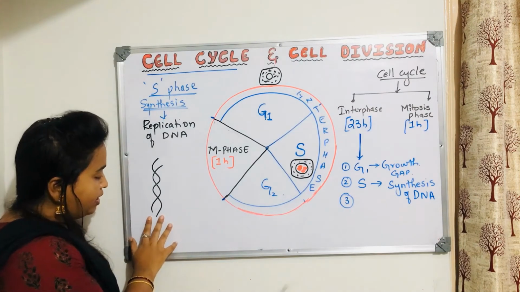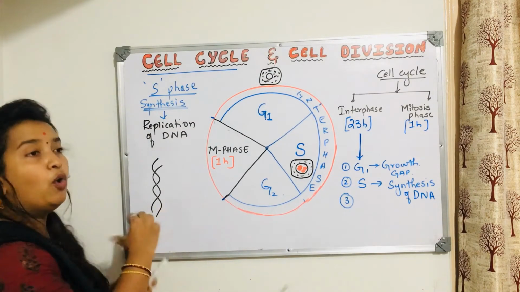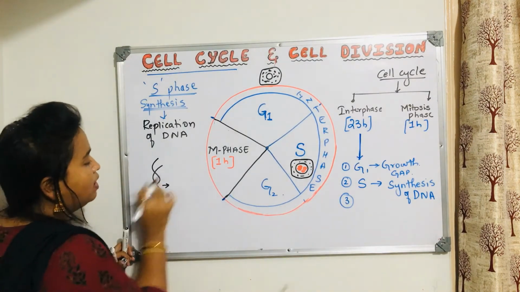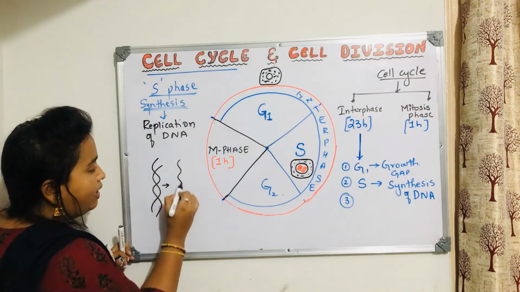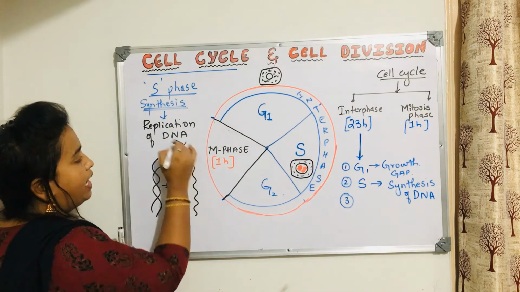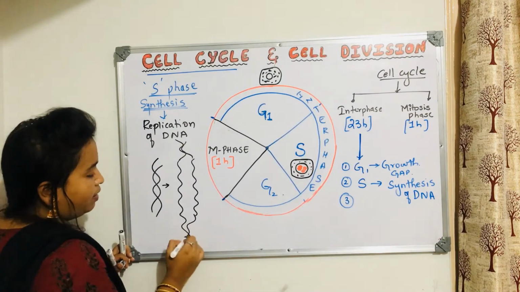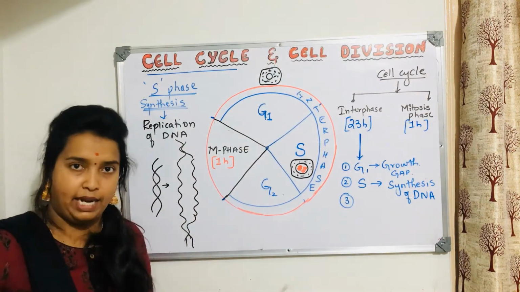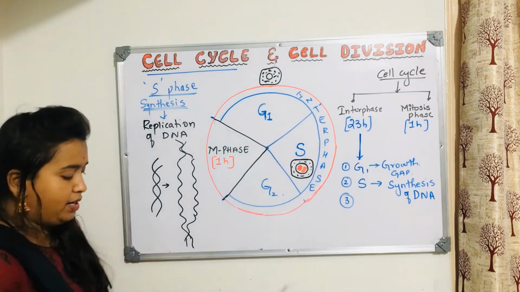What happens here is that this DNA will open up. How? Both the strands are separated like this, and the rest of the things are again connected here, but only some particular area of the DNA will open. Likewise, the complete DNA will get replicated. Then what will happen?